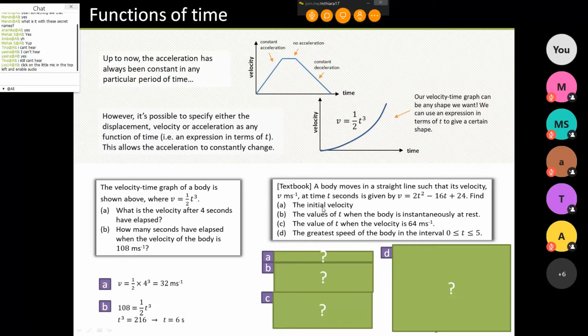Can you type into your chat box so that I know that you're following what I'm saying? How am I going to find the initial velocity given that v is equal to 2t squared minus 16t plus 24?